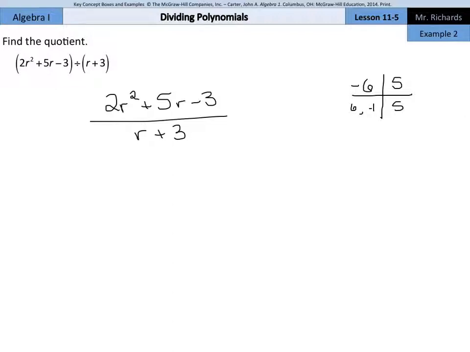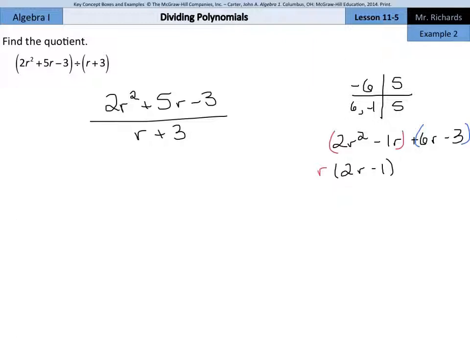And so using a little bit of factor by grouping here, we would have 2r squared minus 1r plus 6r minus 3. And so if we group here and here, we can factor an r out of the first group, so r times 2r minus 1.